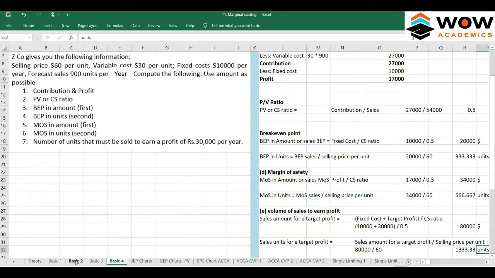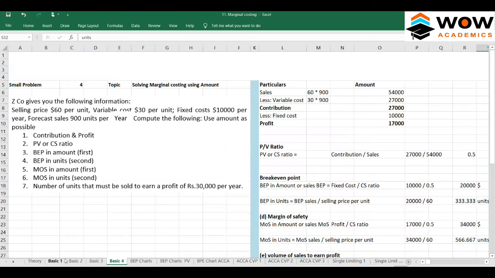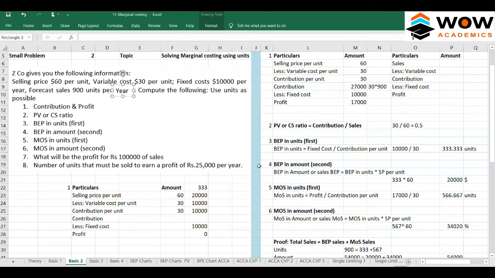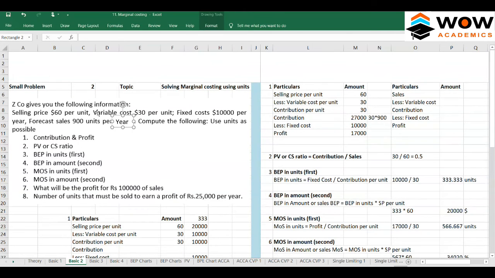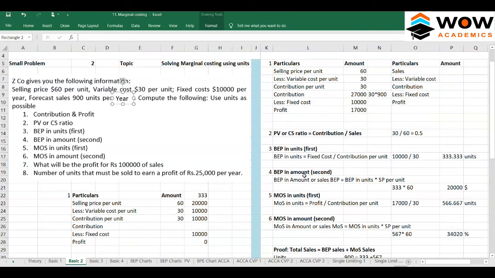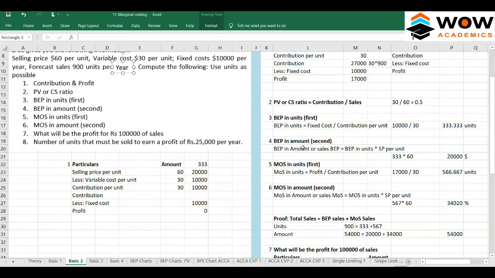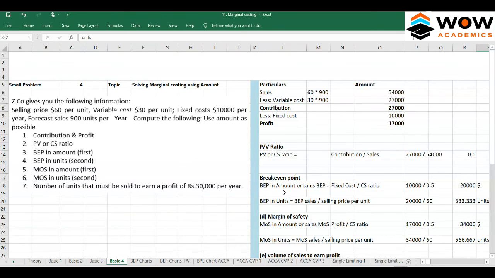Okay, so why did we do two sums? We did two sums which have the same answers, because the second sum is about working out first in units, then finding it in amount. This fourth sum is about finding first in amount, then finding it in units.